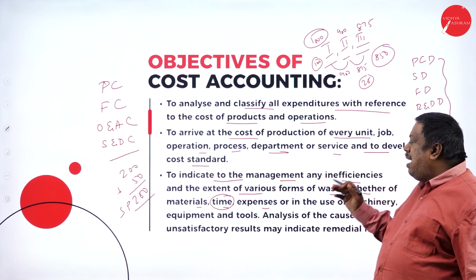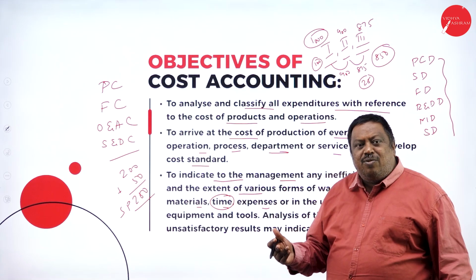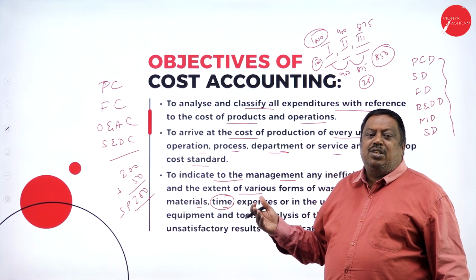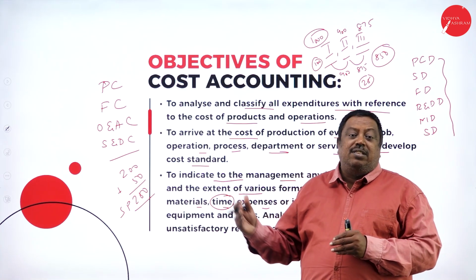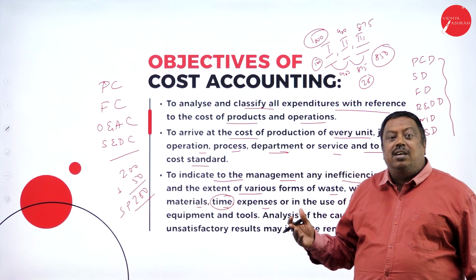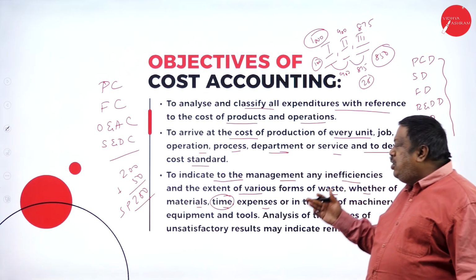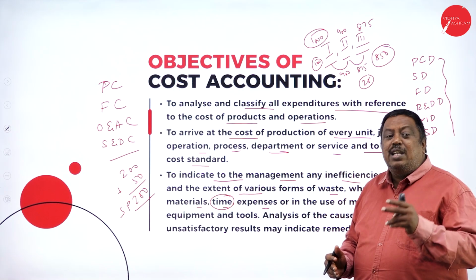For this reason, the manufactured cost was increased here. Instead of getting the product done in 80 hours, it took 110 hours. 30 hours was extra, and for those 30 hours, labor cost was incurred here. For that reason, the management should know where the actual cost should be controlled.